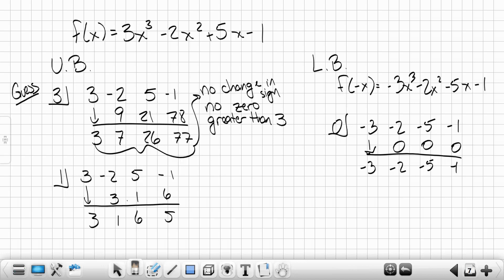By the way, I should have put the sentence here, technically speaking. So 1 is an upper bound of f of x. So here, 0 is a lower bound of f of x.